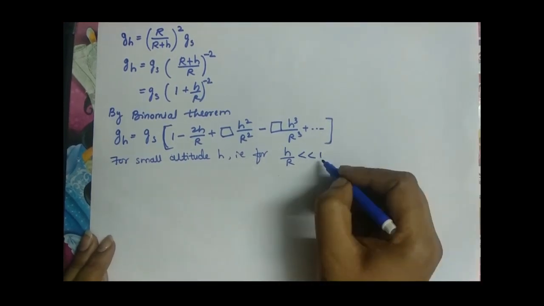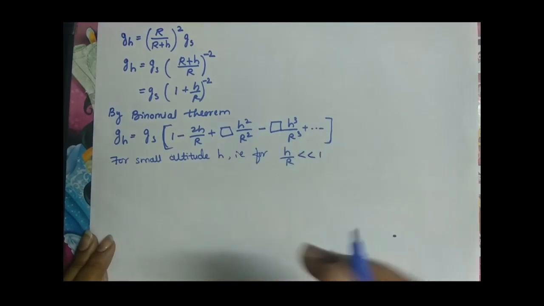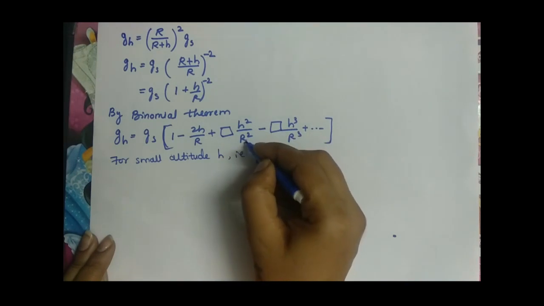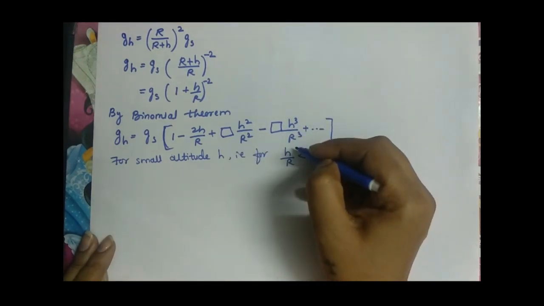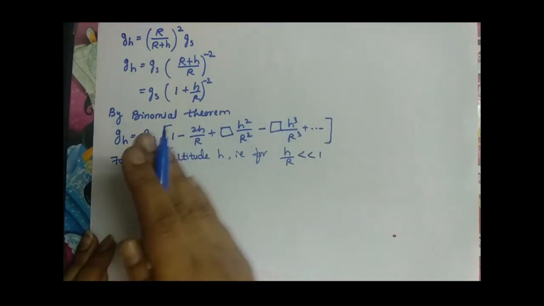That means when the ratio h by r is less than 1, when you take the higher power of such expressions like h square by r square, h cube by r cube, the value again goes on decreasing. So in that case, the higher terms should be neglected.